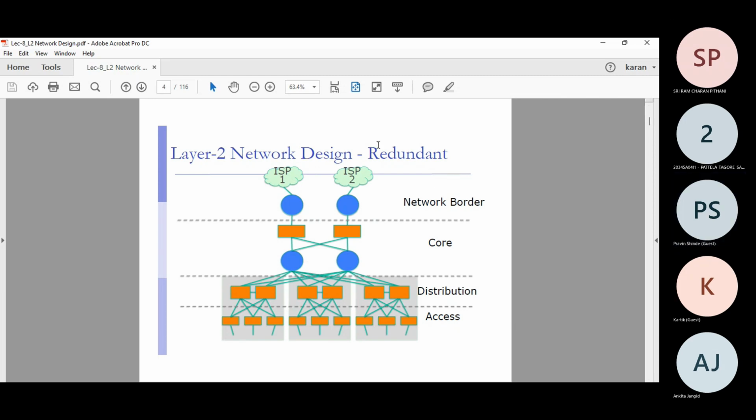Sometimes we have two ISPs. ISP one is Tata, ISP two is Airtel. Both have two bandwidth routers. Then a core switch for distributing.